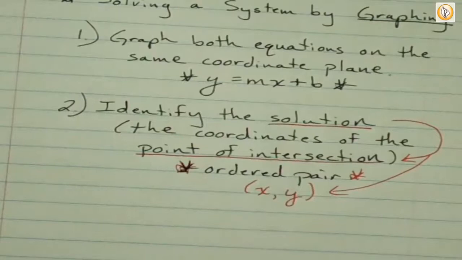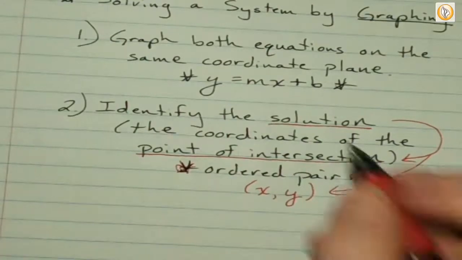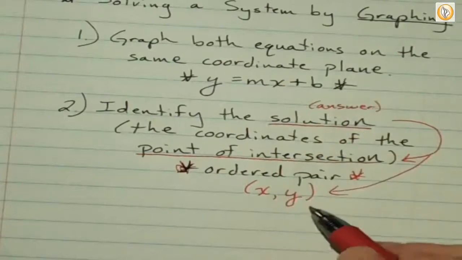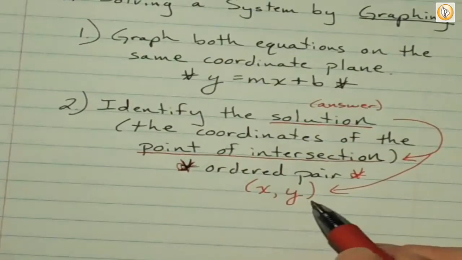Where they cross, where they meet, that ordered pair, that's your answer. So the solution is really kind of like your answer. It's going to be in the form of an ordered pair, your x and your y.